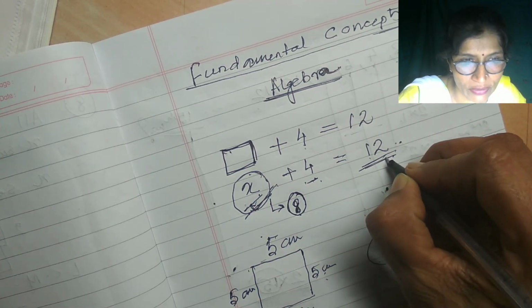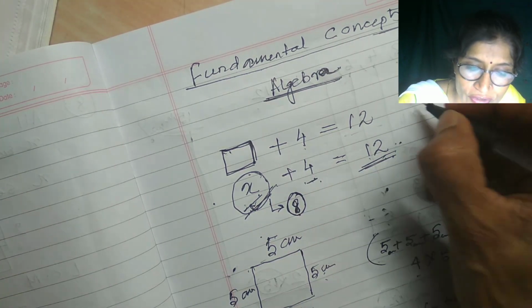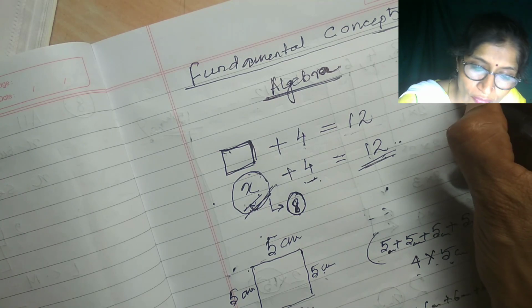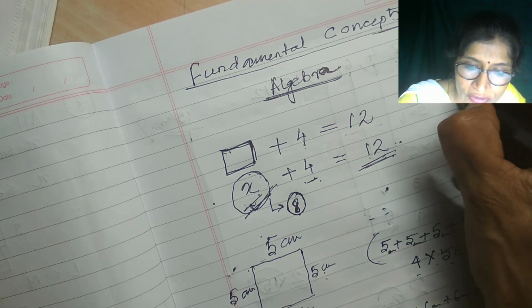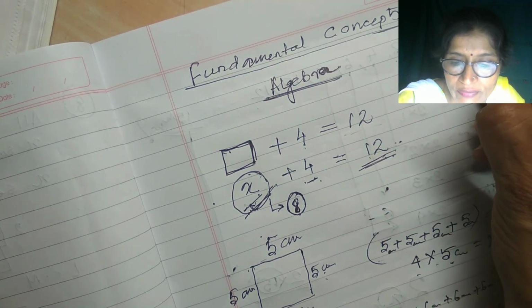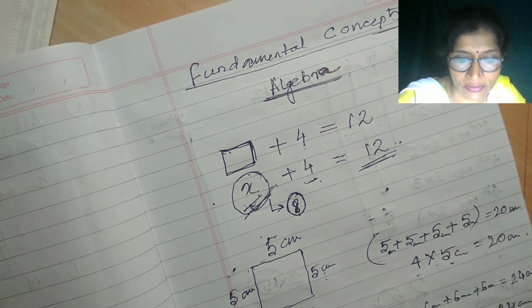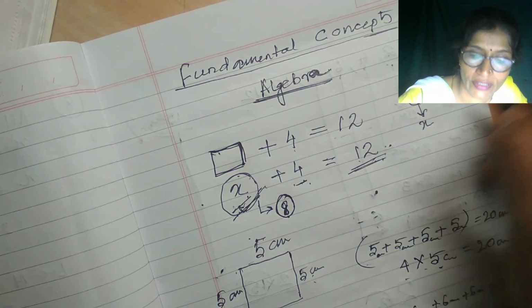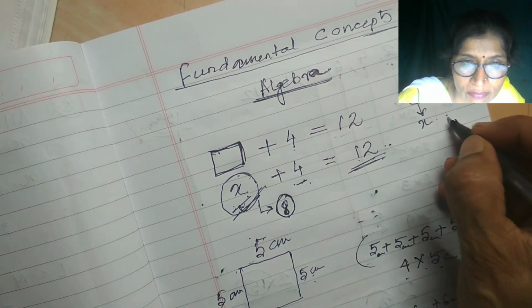Now the total is 12. But suppose you have some toffees and your mother has given you 4 toffees, but in total you now have 20 toffees. Then the value of this x which I have written will not be 8 this time.